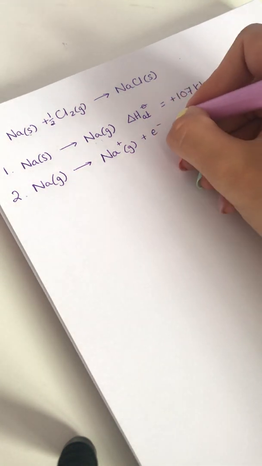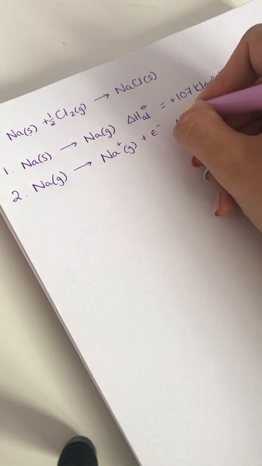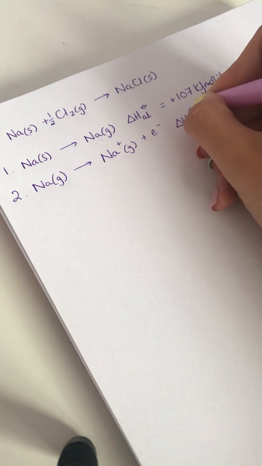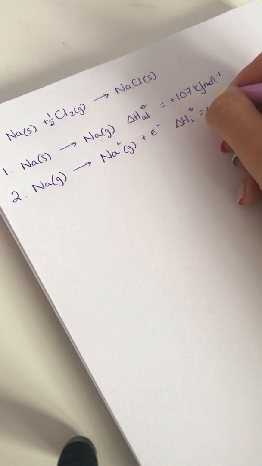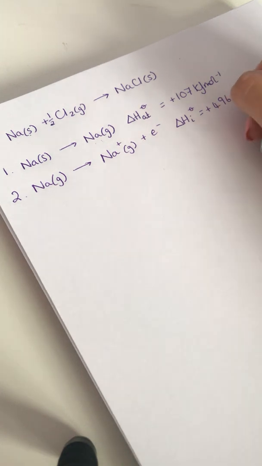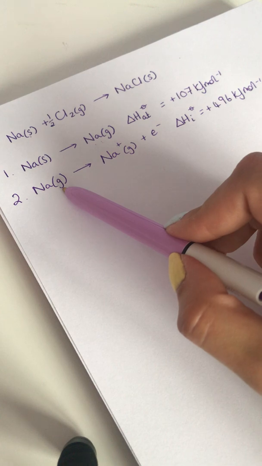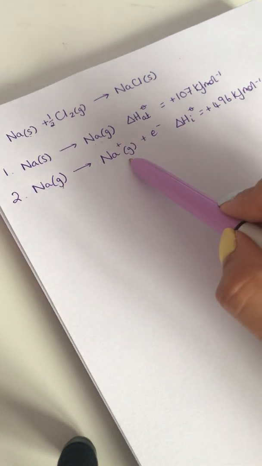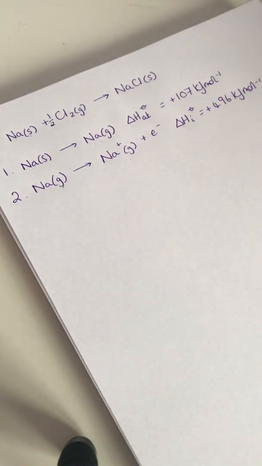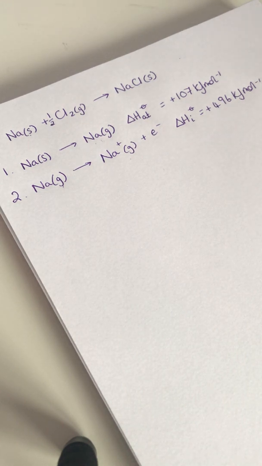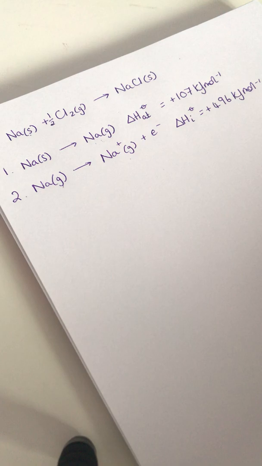The symbol will be delta H with a lowercase i, and in this case has a value of plus 496 kilojoules per mole. Now the idea is that the ionization enthalpy is the standard enthalpy change when 1 mole of gaseous atoms is converted into 1 mole of gaseous ions. Now here we've only got a single positive charge. We can have a second enthalpy of ionization, but in this case we don't need that.